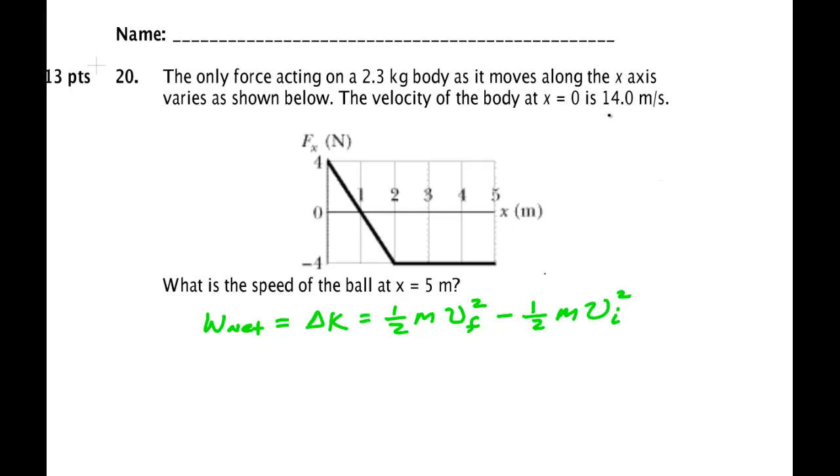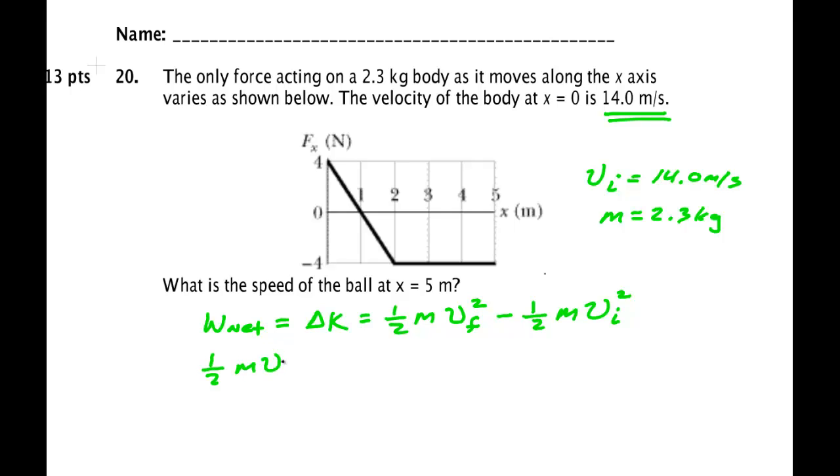I have the initial speed right there. VI is 14.0 meters per second, and the mass is 2.3 kilograms. So I know this, I know this, I know this. I'm looking for that. If I could find the net work, I could rearrange it and solve for VF. So let's go ahead and do that.